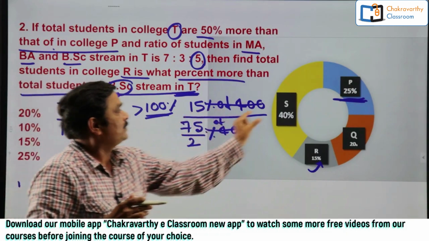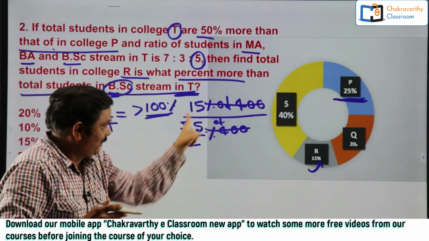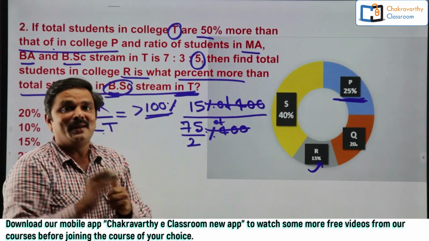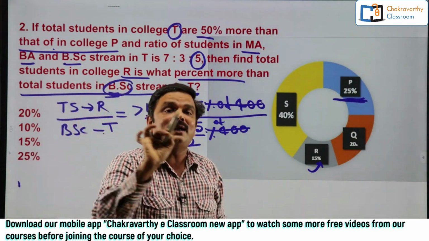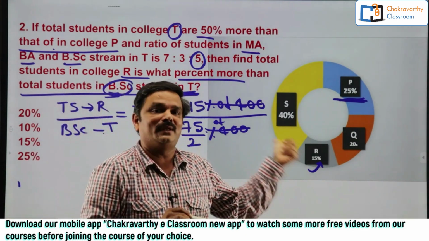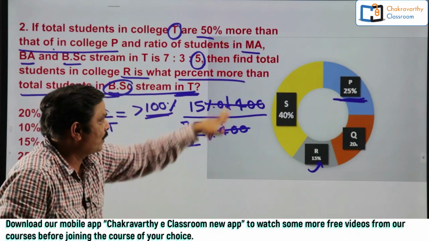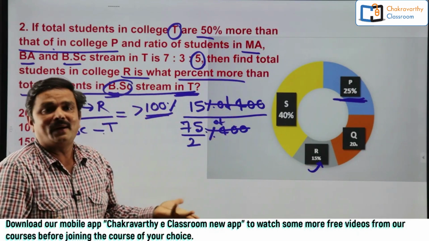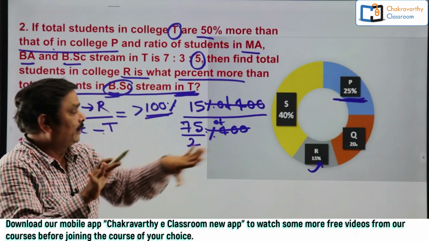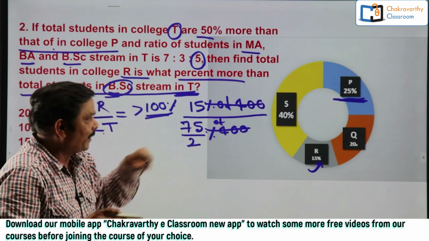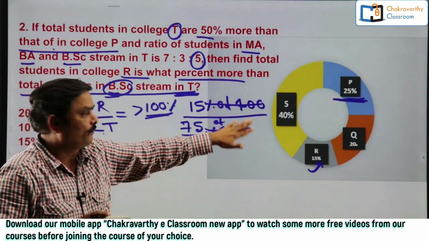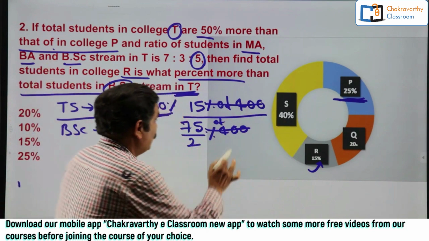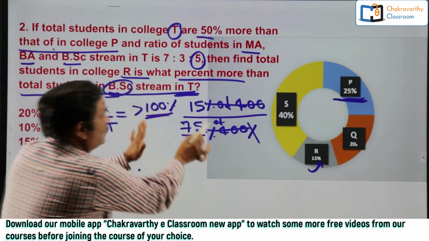That is 15% of 400 divided by some percent of 400, which you get in your basic classes of data interpretation. In class number 2 I have given this technique. Anyway, these two are going to be cancelled. Why go for that? The numerator is 15 only. In the denominator part, 75 by 2 percent of 400 is cancelled, because this is the total.